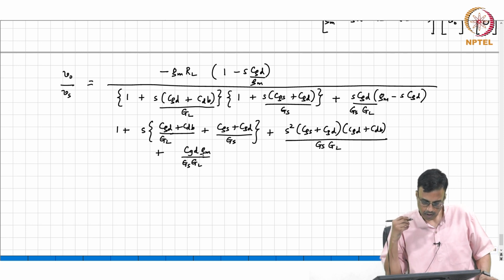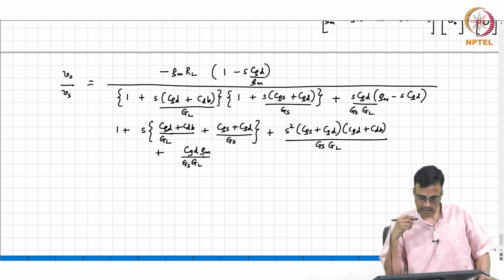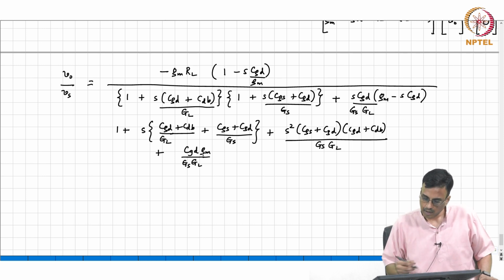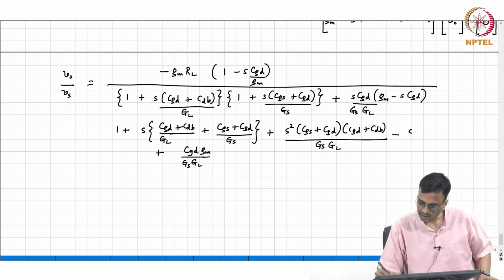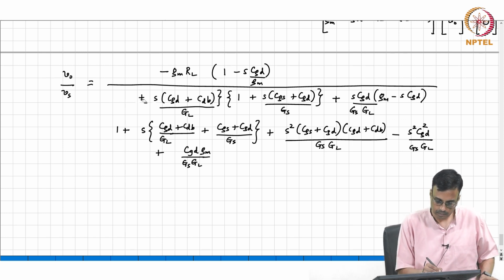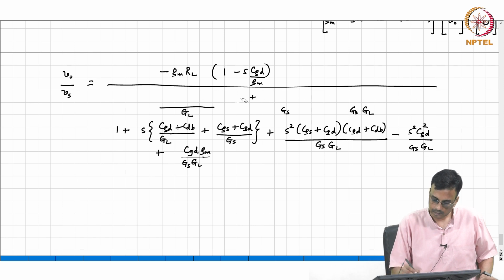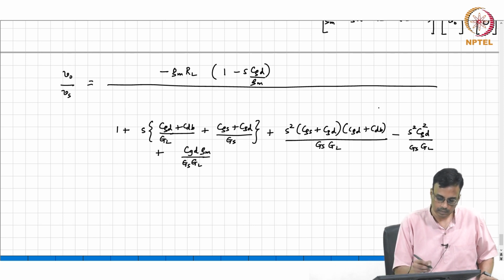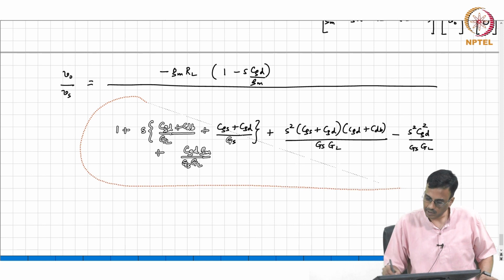I hope this is okay. Dimensionally, it is consistent. Okay. And then you have to subtract minus S square CGD square over GSGL. God help us if you made a mistake.